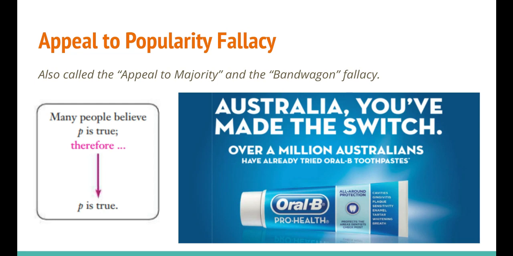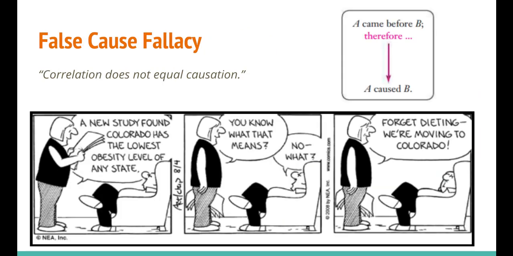This one's also called the appeal to majority or the bandwagon fallacy. Everybody's doing it, so you should too. So in this example, Australia, you've made the switch to Oral-B, so it must be good. So in the diagram, many people believe it's true, therefore it must be true. Great way to sell toothpaste, apparently.